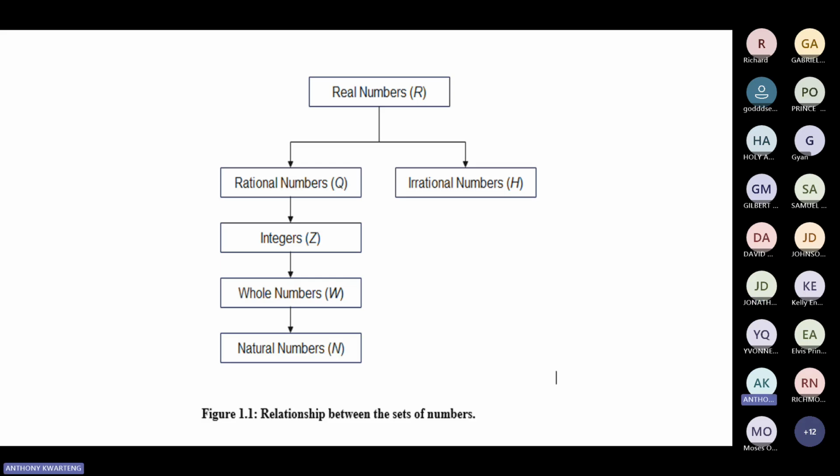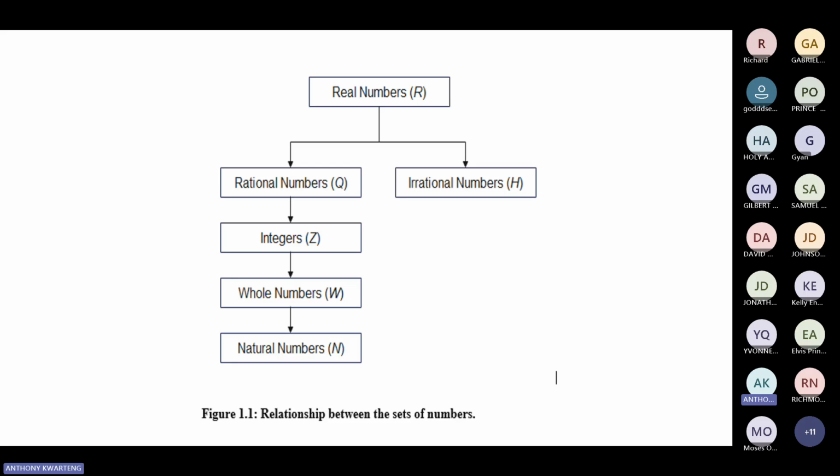Now, what is an irrational number? We say rational numbers are numbers that can be written as a fraction of integers. An irrational number is different. If I have a fraction where maybe the numerator is an integer but the denominator is not, it is not a rational number.